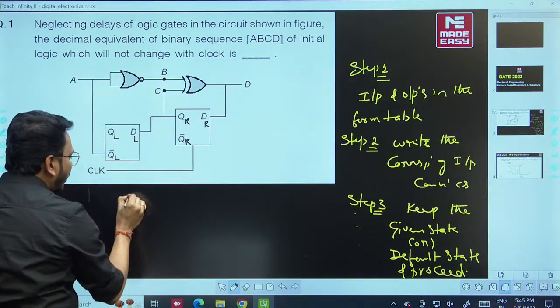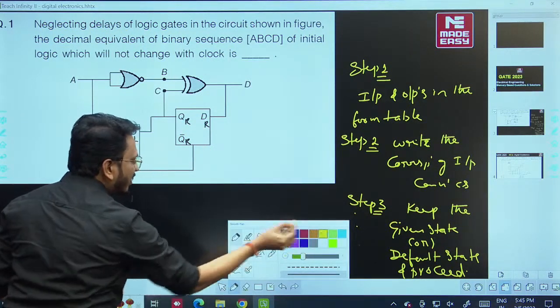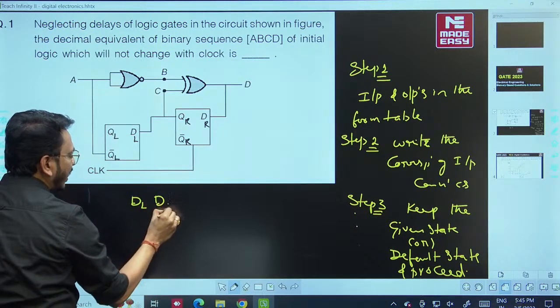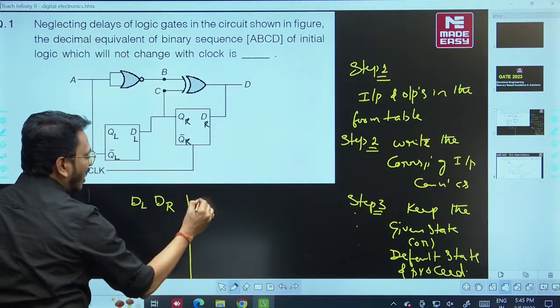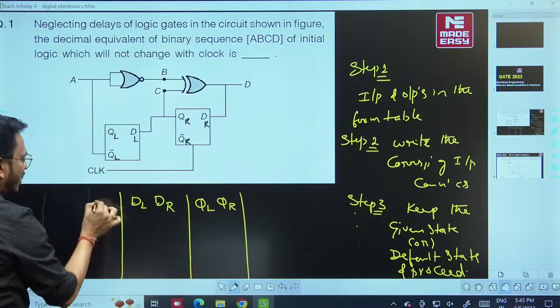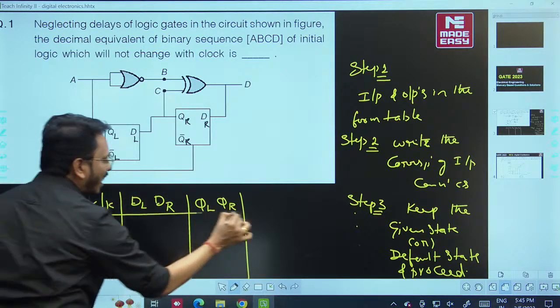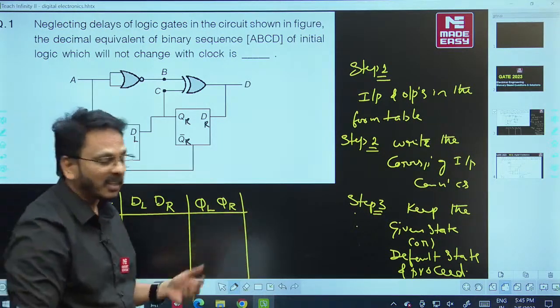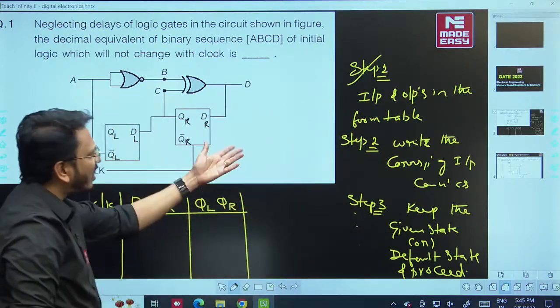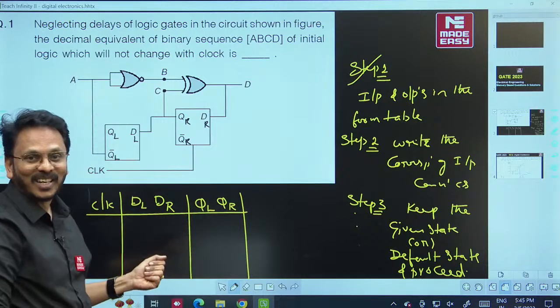So the inputs are nothing but DL, DR, and this is QL, QR. So these are the inputs and outputs we made in the form of a table. That's enough. The first step is already completed. Sir, this much easy, just writing the steps like that? Yeah, that is what we are saying.